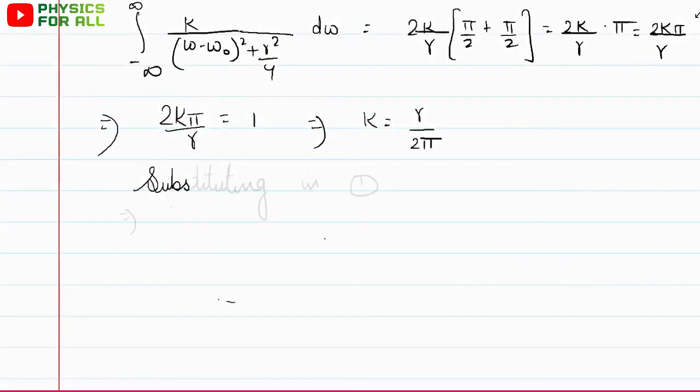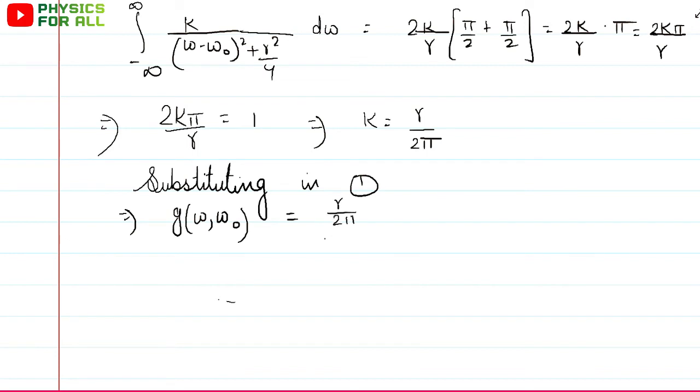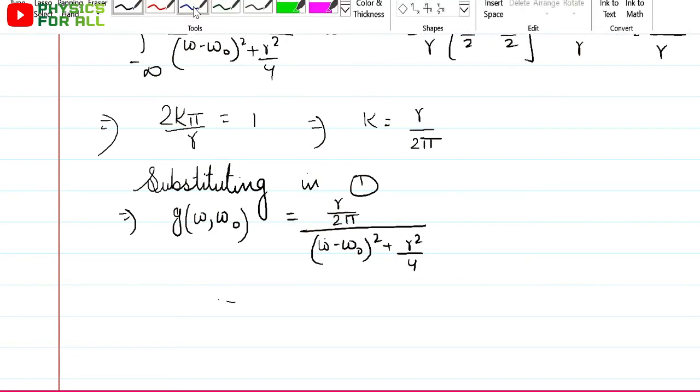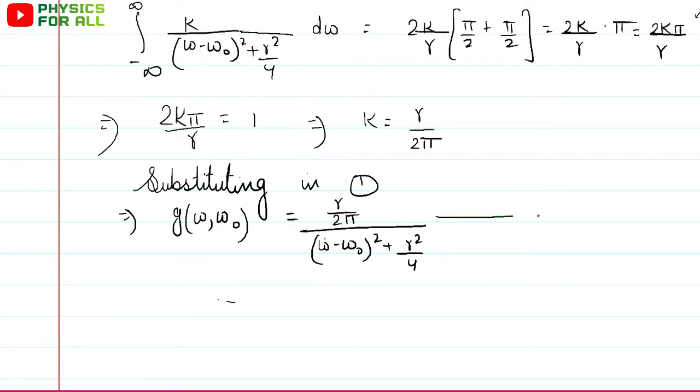Substituting in 1 gives us g omega omega naught is equal to k, where the value of k is gamma upon 2 pi, upon omega minus omega naught whole square plus gamma square by 4. Let's denote this as equation 2. This would give us the shape of the line plot, also called the line shape function.